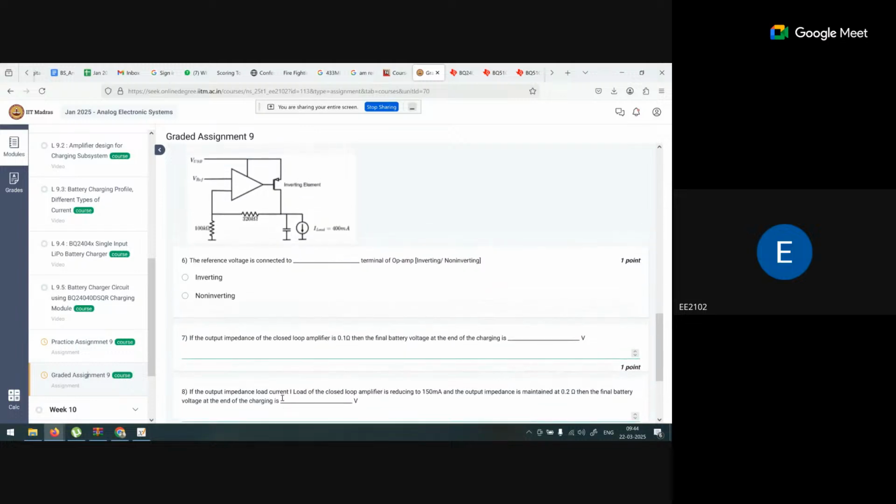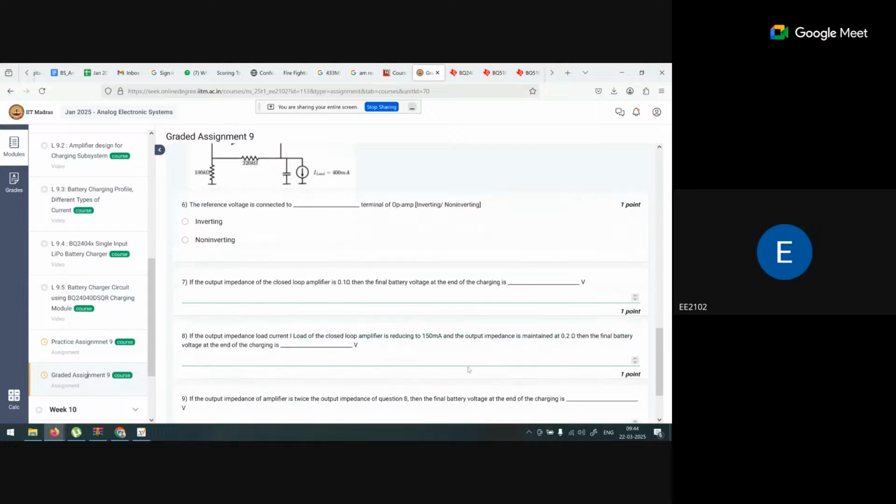Now in question number 8, it says that the load current reduces from 400 to 150 milliampere and the output impedance is 0.2. Then what is the output voltage? You can calculate it with the help of these two parameters.